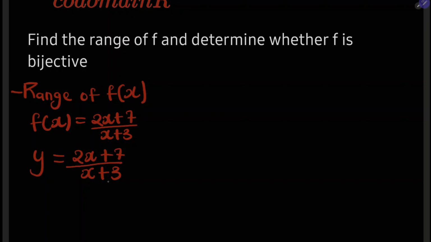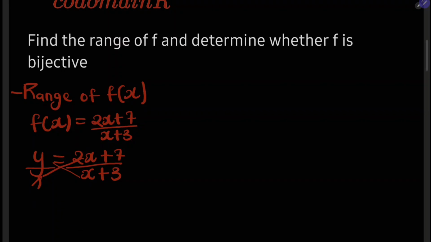Here we are going to make x the subject of the formula and find x. So we're just going to cross multiply. Here we're going to have y times all this and 1 times all this.